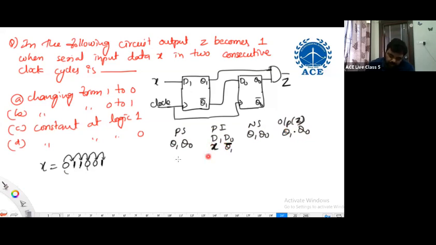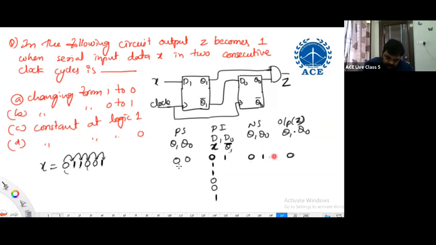Let me start with 0 0. Here X is 0 1 1 0 0 1. From this 0 0, Q1 bar means 0 bar is 1. What is the next state? 0 1. What can be the output? AND of these two, 0.